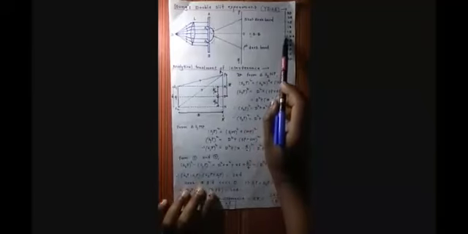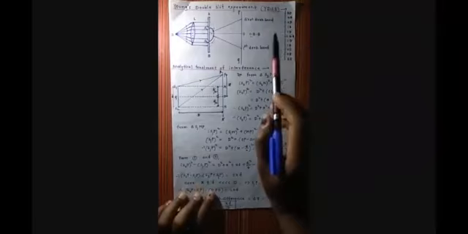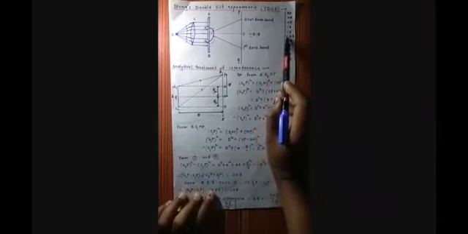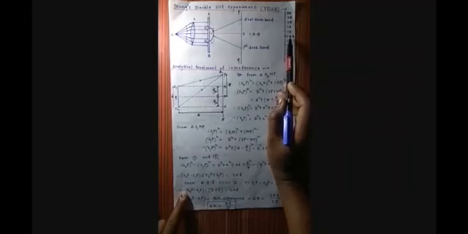This is the screen I have shown here. At the center there is a central bright band. Note that in the interference pattern, the central band is always a bright band, called CBB, central bright band.